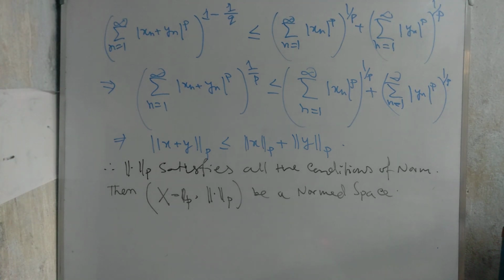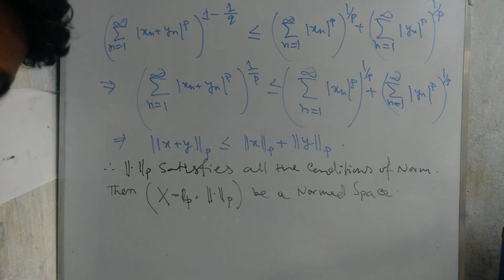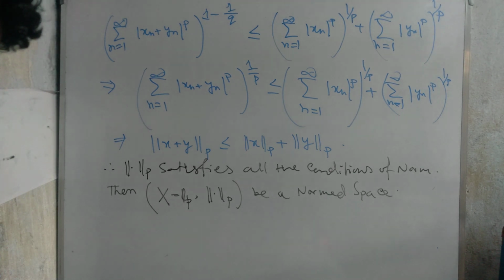Now we will also discuss another function space. It is the linear space of all real valued functions f on [a, b] such that f is continuous and the k-th derivative of f is continuous in this space.